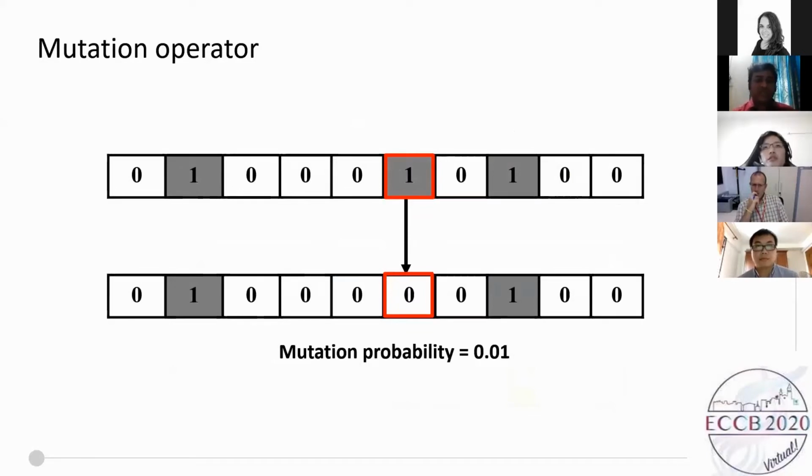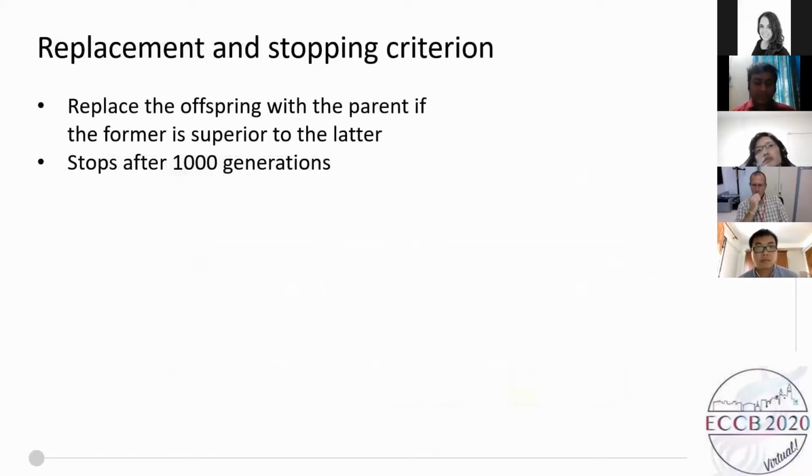It just flips the bit value from 1 to 0 and 0 to 1, and we apply a very small mutation probability of 0.01. For replacement and stopping criterion, we replace the parent when the offspring is superior to the parent. And we stop the GA after 1000 generations.